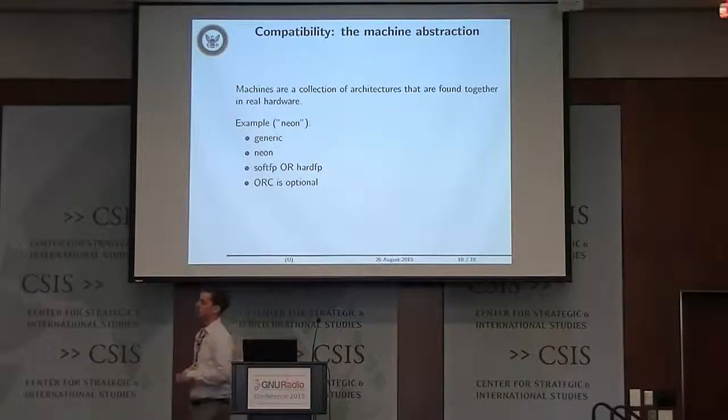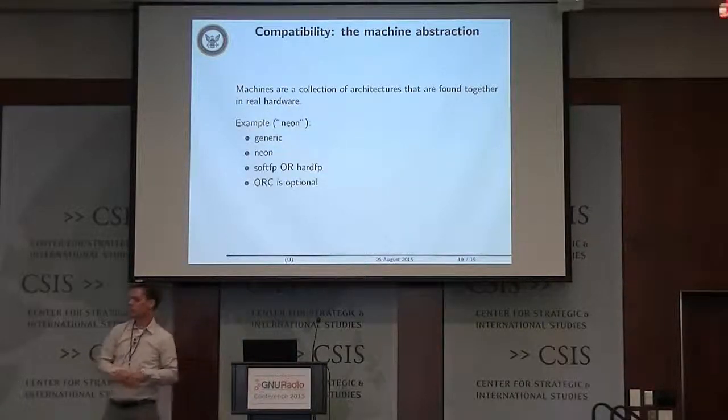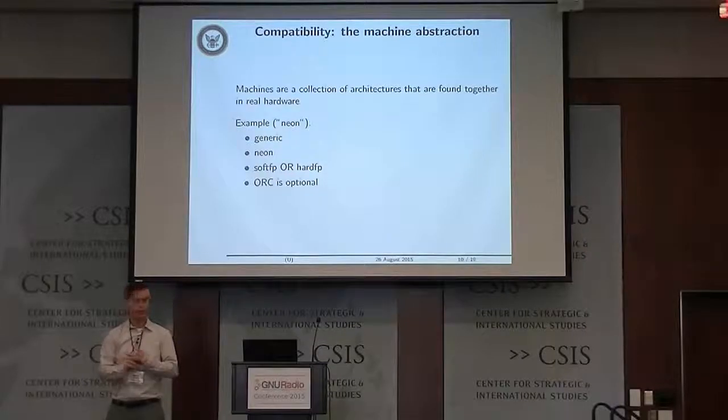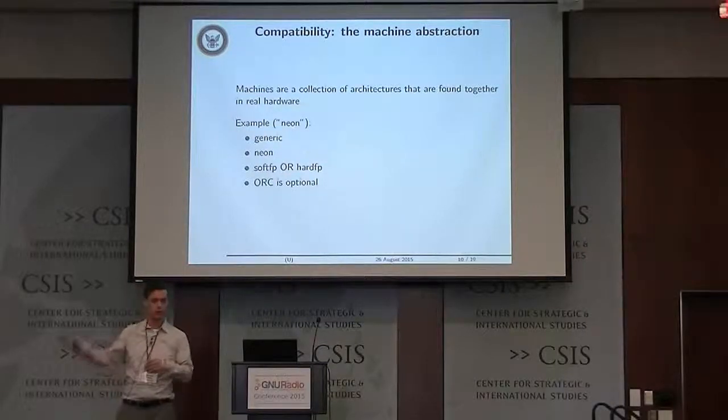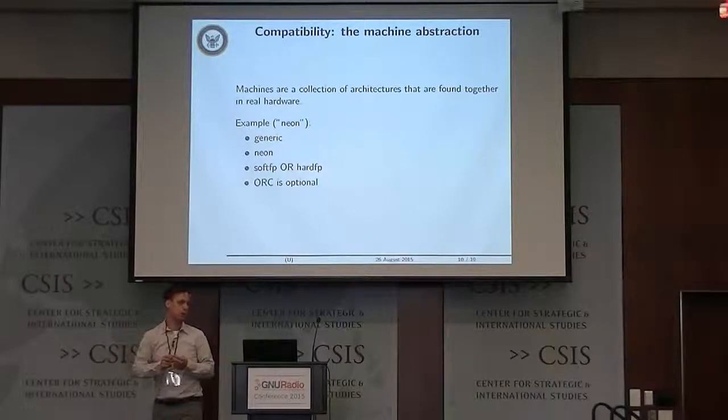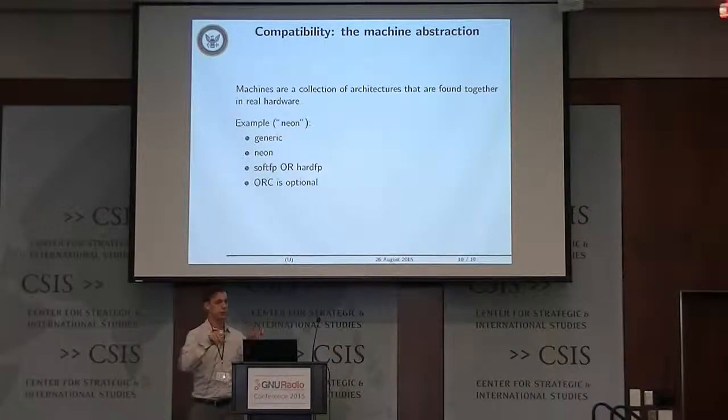All right, so the machine abstraction. Machines are a collection of architectures that we actually see together. You'll never see Neon and SSE together, so there's no Neon SSE machine. When you run your radio, you probably see some message that says something like, using Volk machine generic SSE AVX, and that's describing the architectures that are in your machine.